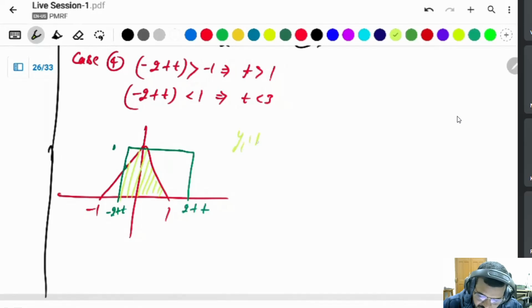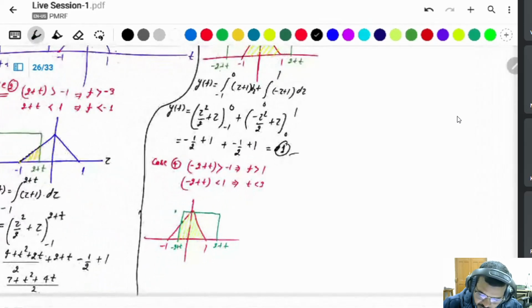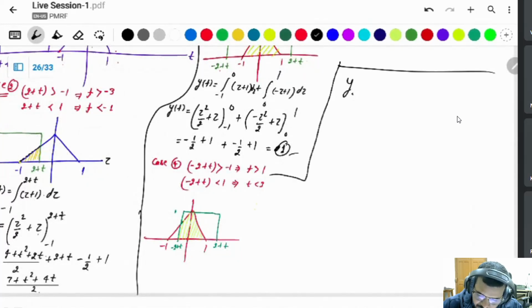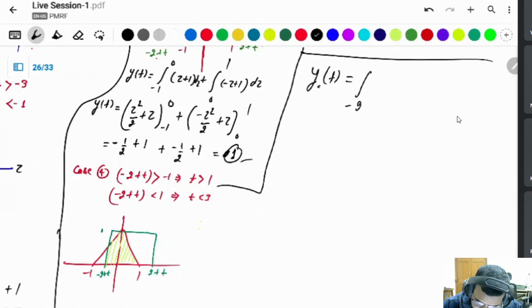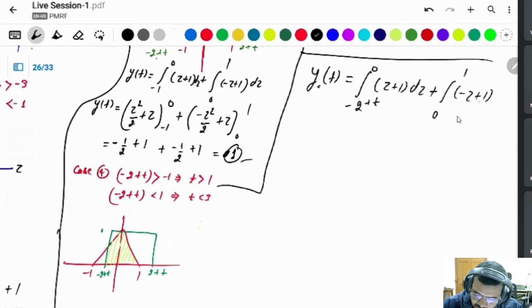Then in this case, y(t) is the integration of minus 2 plus t to 0, of tau plus 1 d tau, plus integration of 0 to 1 of minus tau plus 1 d tau.